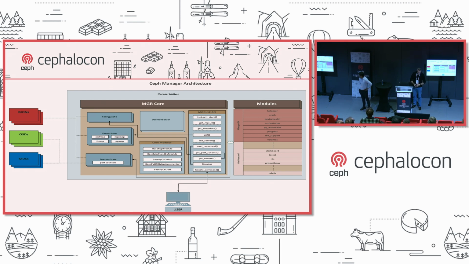So you have the mons, the OSDs, and the MDSs contributing configuration and cluster state and perf counters to the manager. They're encapsulated in a cluster state class within the manager, or a daemon state class, or the config cache. You then have the core of the manager, the DaemonServer. So this is an active manager, because only active managers are running a DaemonServer instance.